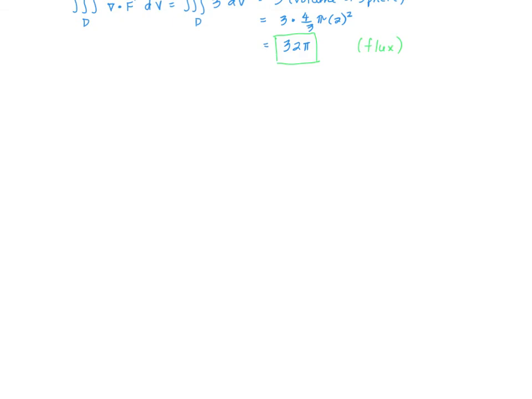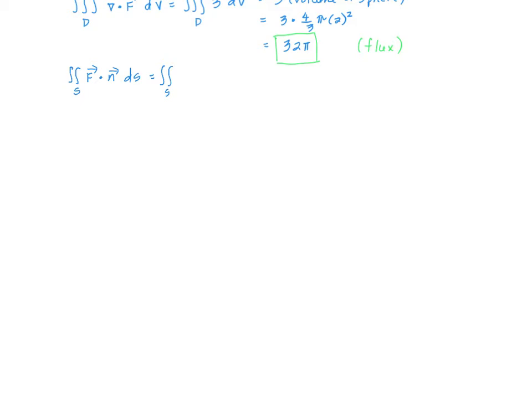Now looking at the other form, which would be this double integral over S of F dotted with the normal vector, integrating over the surface, going back to previous sections, recall that on a surface integral, when we compute the normal vector here, when we're computing flux, we can just look at the cross of the tangent vectors with respect to u and v.